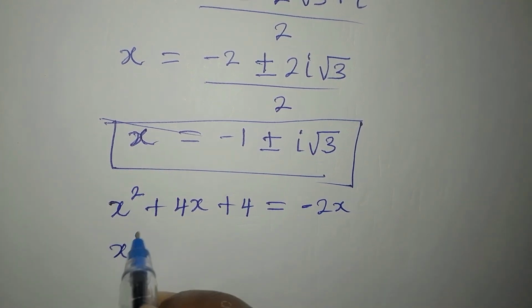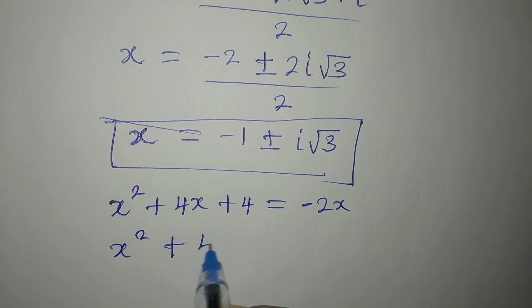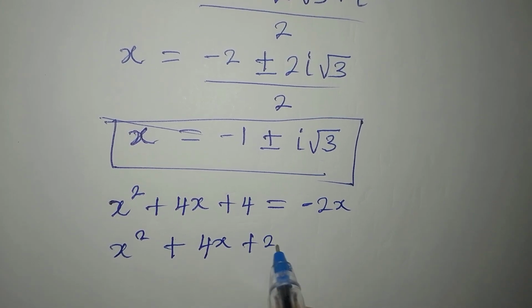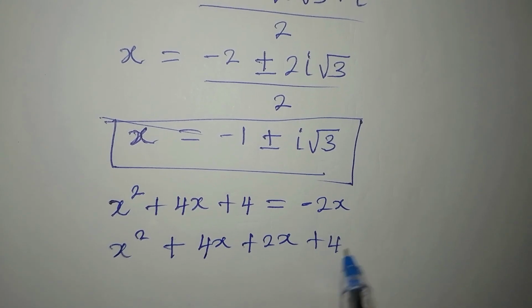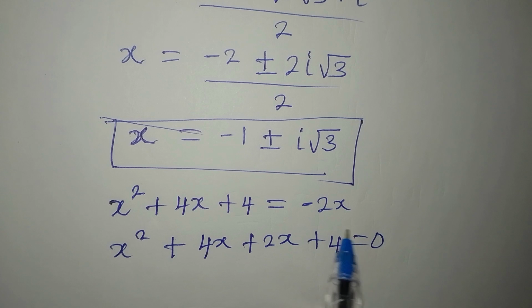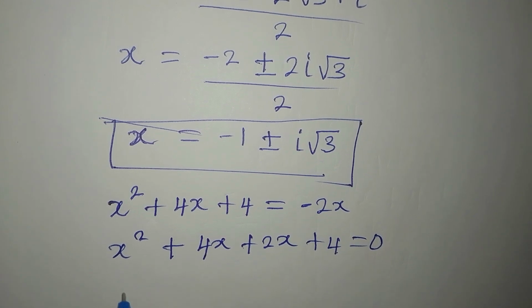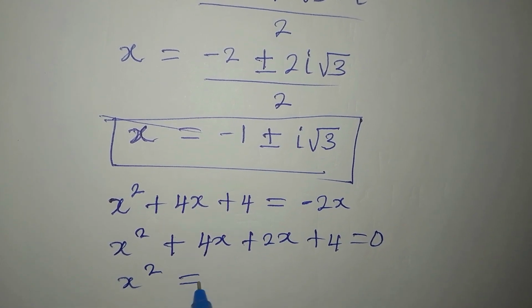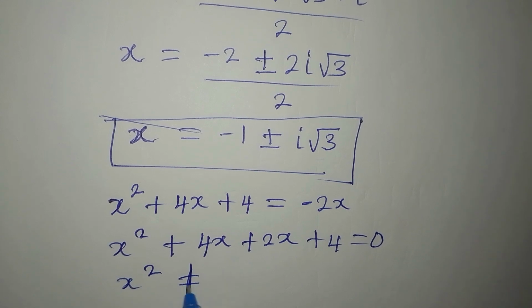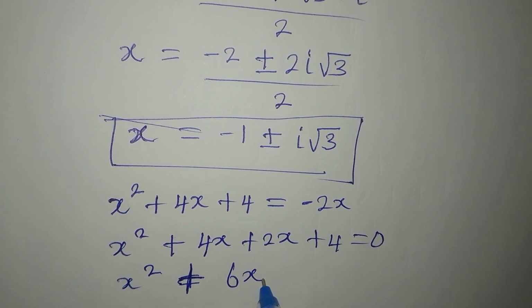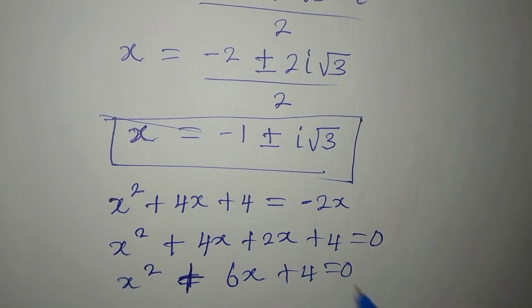So x squared plus 4x plus 2x plus 4 equals 0. This becomes positive on the left. So x squared plus 6x plus 4 is equal to 0.